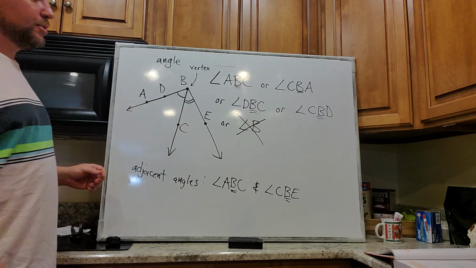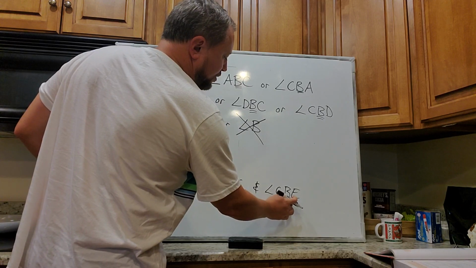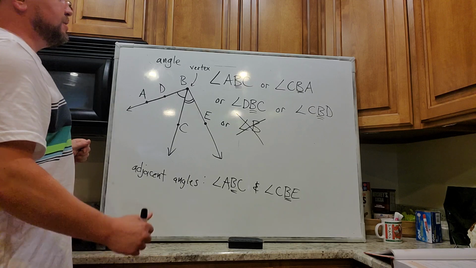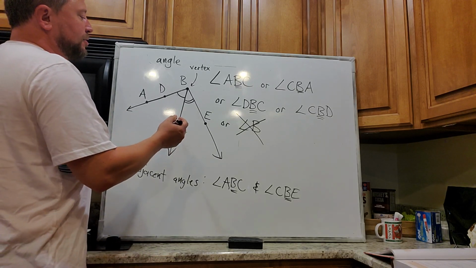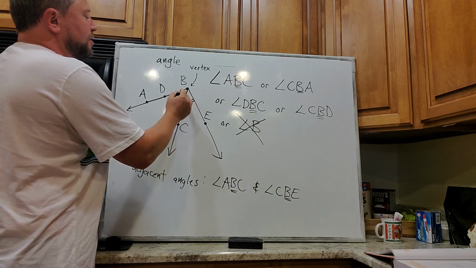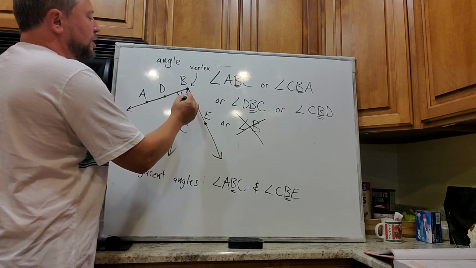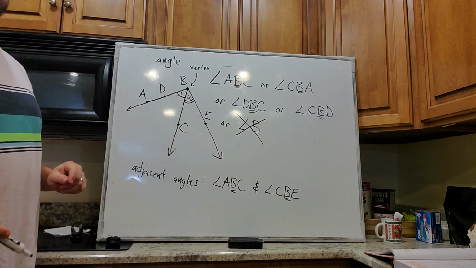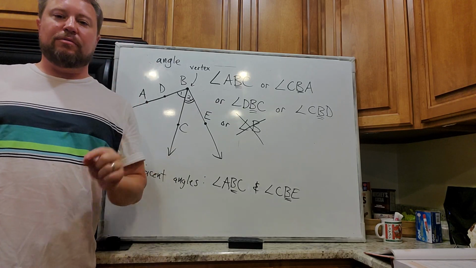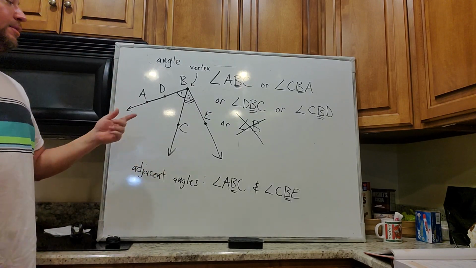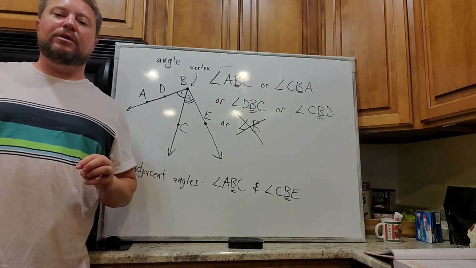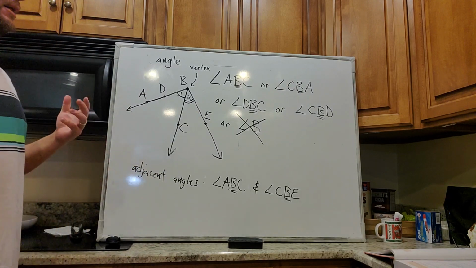One other thing I just thought about as a shortcut, a way to name angles quicker. You may have seen this before in your math classes, where right down here near the vertex, they might throw in some numbers, like a 1 and a 2. And they're not referring to the degrees. Degrees, as you know, has that little circle symbol. Not to mention that obviously is bigger than 1 degree. So you can tell that's not a measurement being given there. But that is a shortcut.